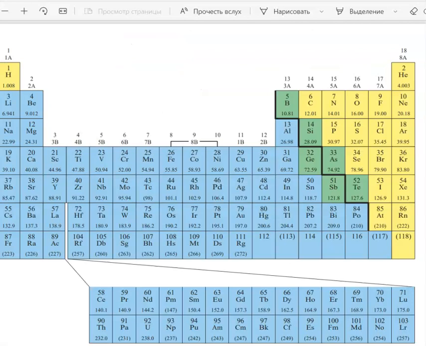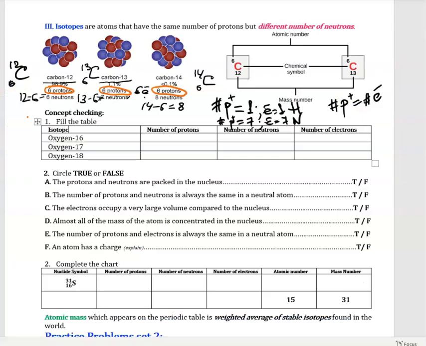We go to the periodic table, find oxygen here, and you can see oxygen, its symbol O. Atomic number is 8 and mass number is 16. It's an average, but oxygen exists as oxygen 16, oxygen 17, and oxygen 18 in nature.